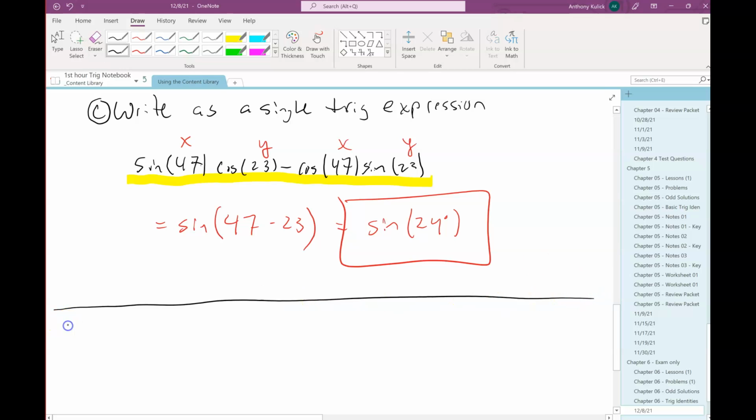Let's say we want to use the power reducing identities to evaluate.